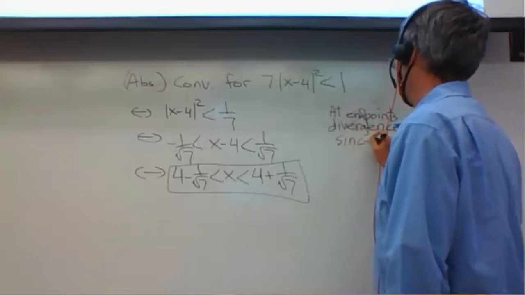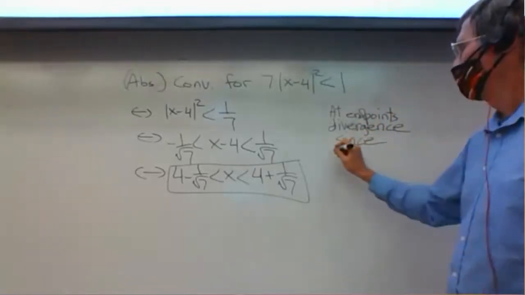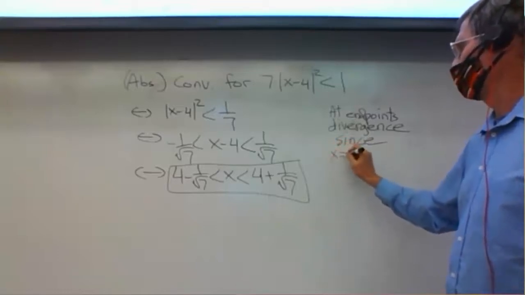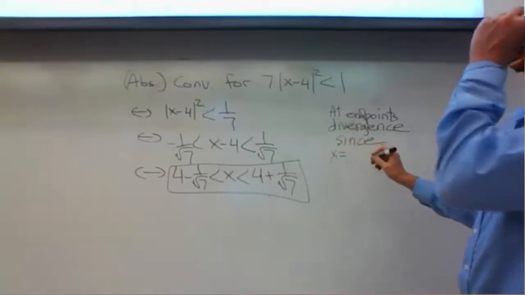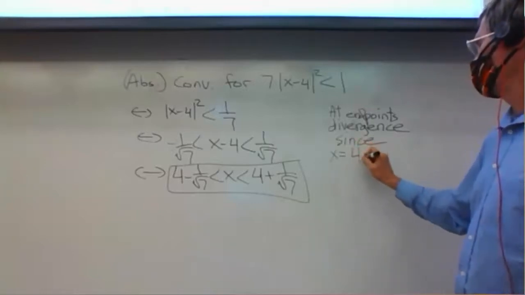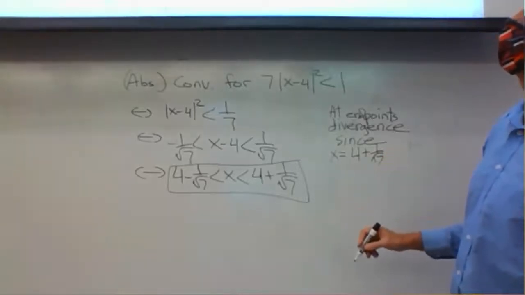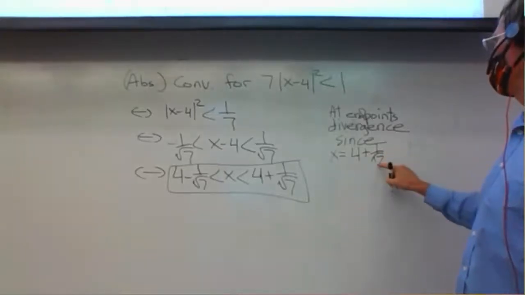If you don't have the intuition on this, go ahead and plug in x equals 4 plus 1 over square root 7. And what do you get? You get a power series, a geometric series.